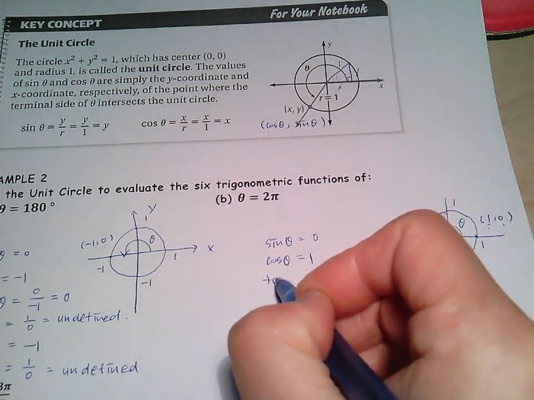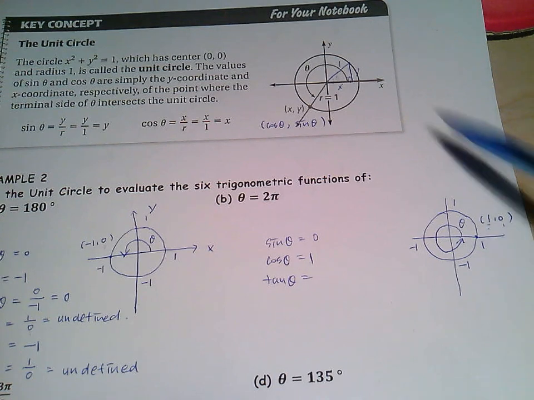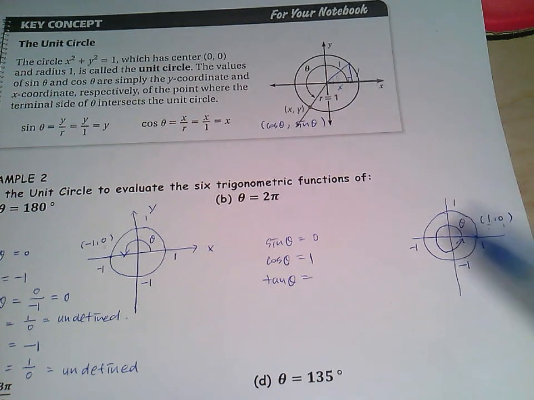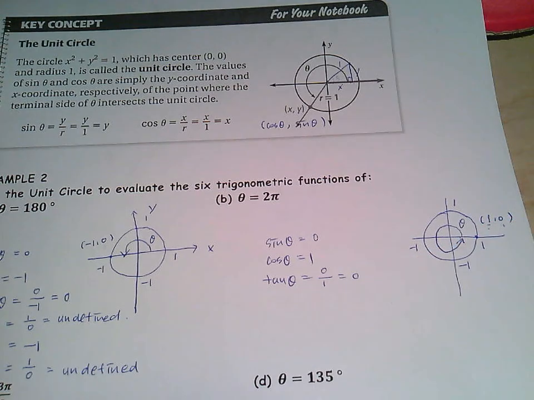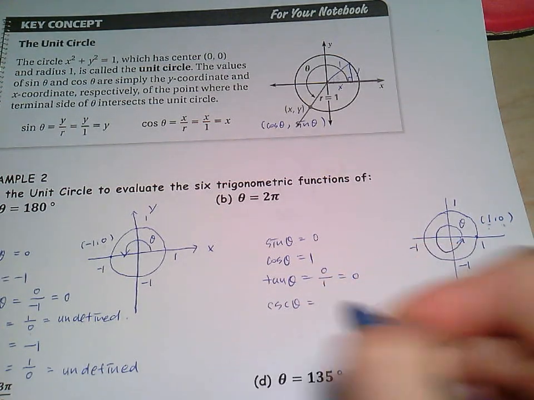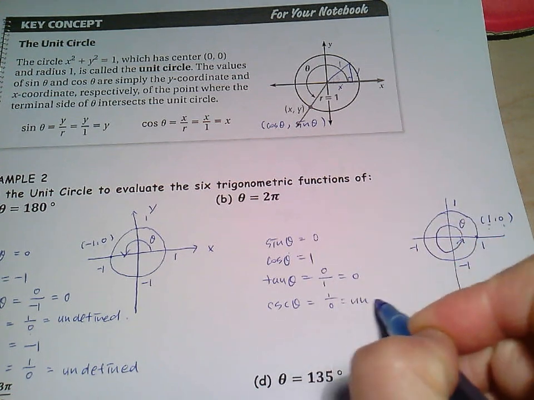Now tan theta is opposite over adjacent, y over x, which is 0. All right, so now let's find cosecant theta, 1 over sine theta, 1 over 0, undefined.